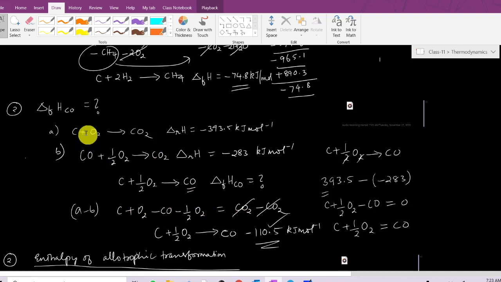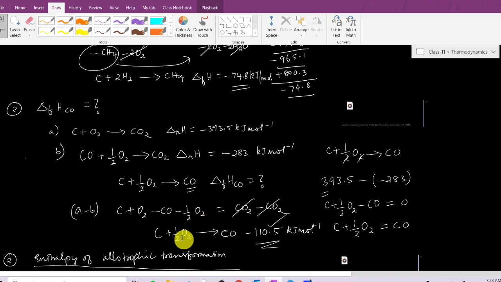Only two equations have been given. So first you subtract. If you subtract, you get C plus O2 minus CO minus half O2 equals CO2 minus CO2. As you can see here, you have O2 minus half O2, which is half O2.